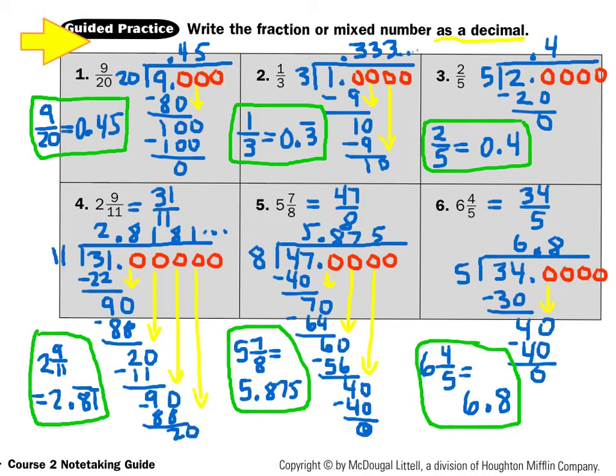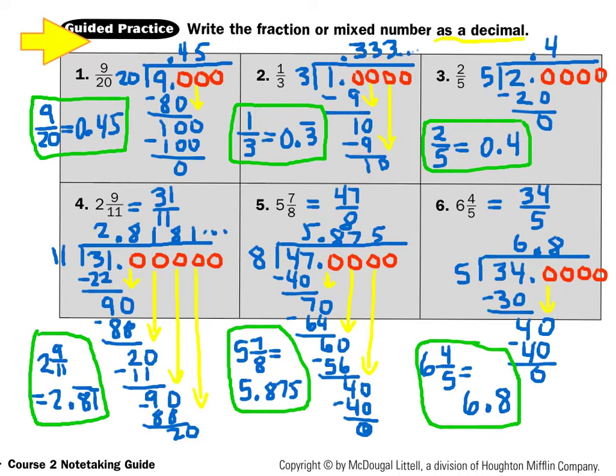It stops. Take a look at 2, 1/3. Do the in and out. Put the 1 on the inside, the 3 on the outside. Put the decimal after the 1 and bring it straight up. Now, 3 will not go into 1, but 3 goes into 10 3 times. 3 times 3 is 9, and I subtract. 10 minus 9 leaves me 1, and I bring down a 0. 3 goes into 10, 3 times. 3 times 3 is 9.